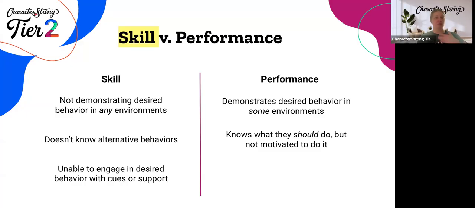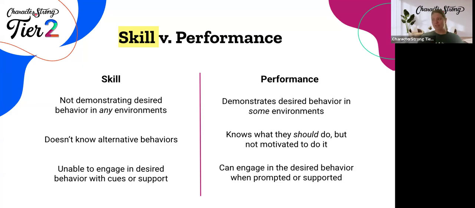No matter how much we remind them, prompt them, cue them, they still can't do it. That is different for performance. If we can remind the student what to do, cue them, prompt them and they're able to do it, that's more likely a performance need. So these are the things you're going to look at in that student to say, is it a skill-based need or is it a performance-based need?